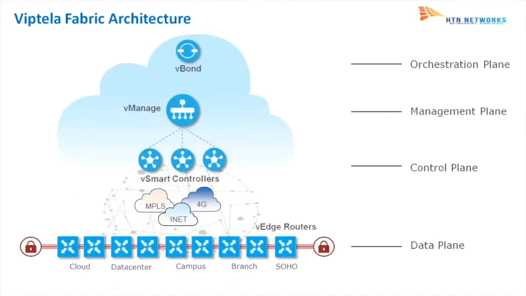So here is the Viptela fabric architecture. Once all devices are authenticated by each other, then the network comes up, and it looks like this. You have a vBond sitting on the top on the orchestration plane, which authenticates all devices. Then you have a vManage, from where you can manage the entire network.